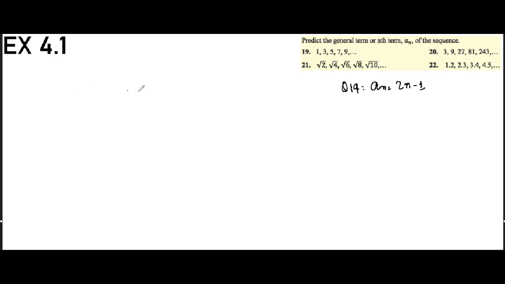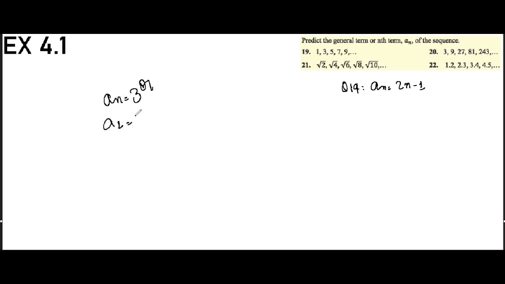Now let's see question number 20, which is 3, 9, 27, 81, 243. Here it is much more visible. 3 raised to the power 1 is 3, 3 raised to the power 2 is 9, 3 raised to the power 3 is 27, 3 raised to the power 4 is 81. So when this n and this n are the same, it will give us the result.